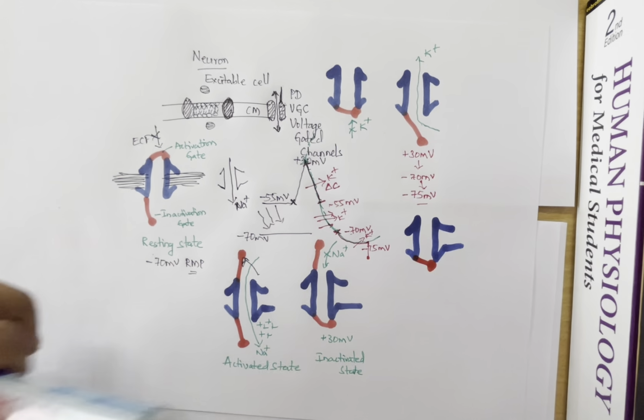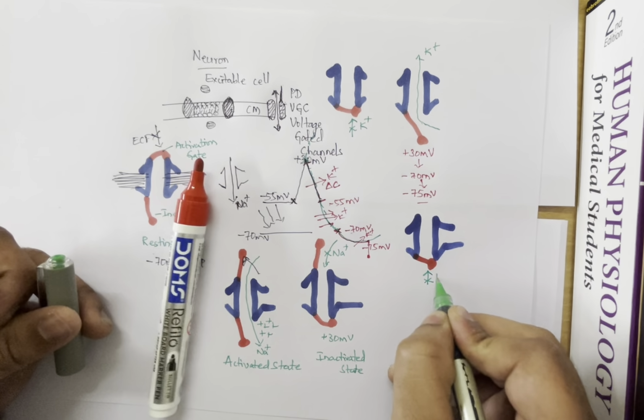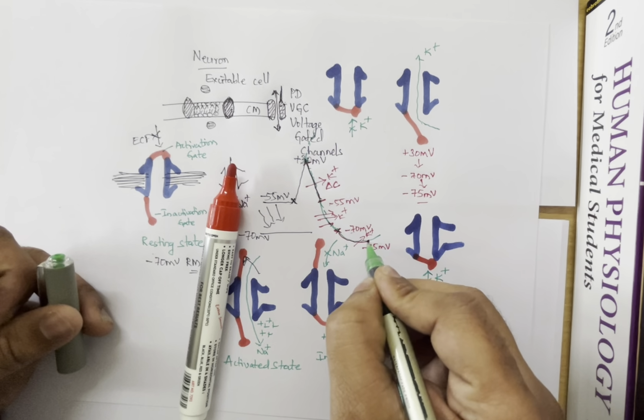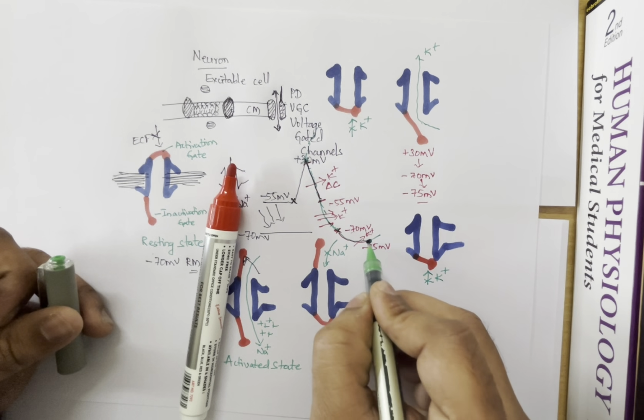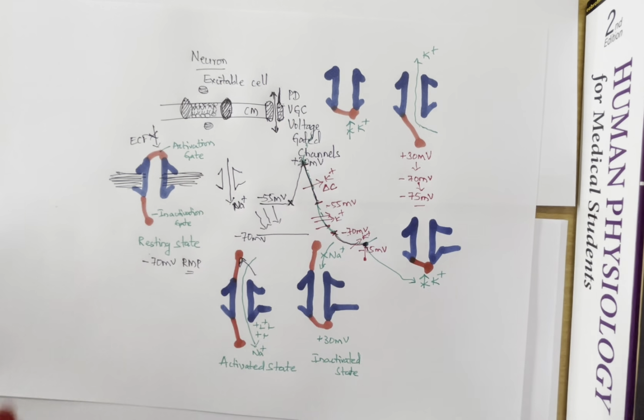Gate closure happens, and no further efflux of potassium ions happens. After hyperpolarization is complete, the potassium efflux stops.